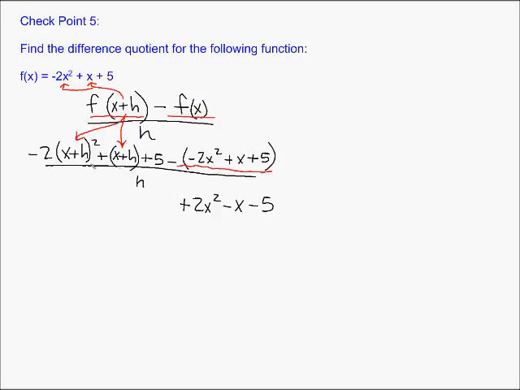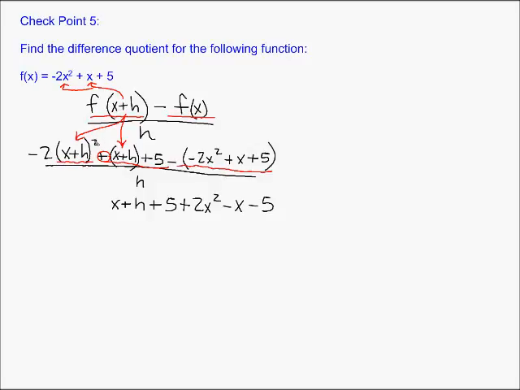Now what I'm going to do is simplify this part here. I'm going to get rid of the brackets. I have a positive in front of the brackets, so that means I can just remove the brackets and not change anything. So I get x + h + 5. Great. Last part of the expression I'm going to do is this part here.